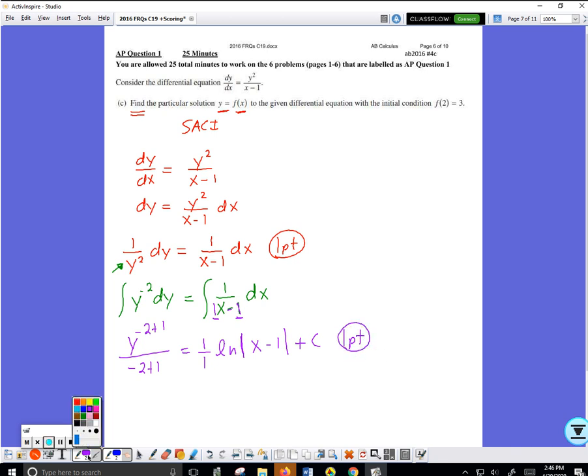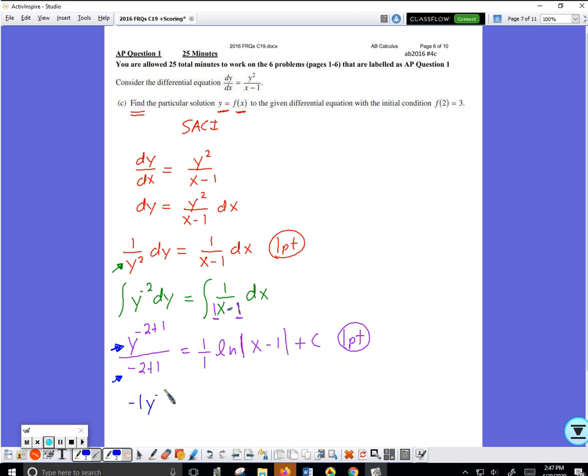Okay, now we're going to constantate. Okay, let's fix this. This is y to the negative 1 divided by negative 1. Dividing by negative 1 is the same thing as multiplying by negative 1.